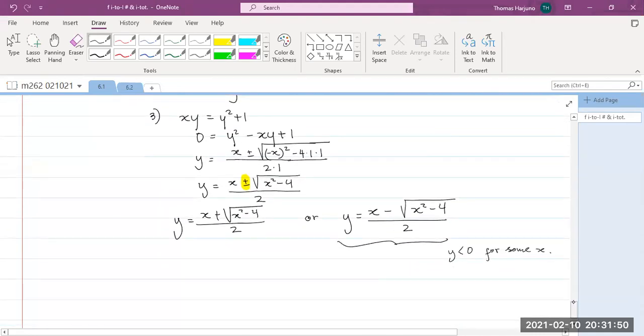It's not negative. That's why I cross it out. Now, because of that restriction from 1 to infinity, it gives us only this one. Then I can go to step 4. My inverse function is x plus the square root of x squared minus 4, over 2.